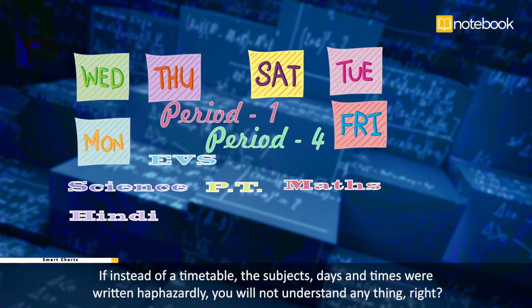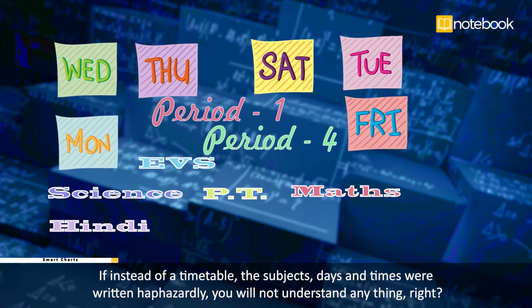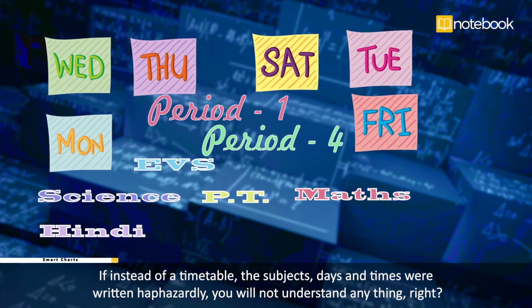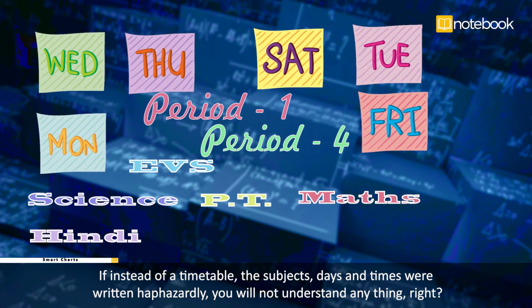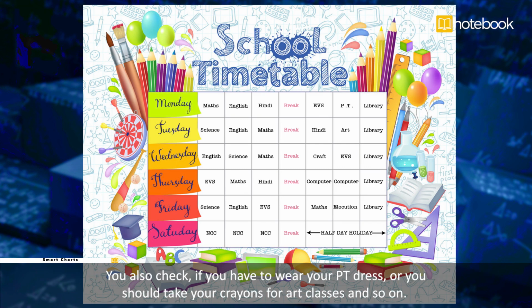If instead of a timetable, the subjects, days and times were written haphazardly, you will not understand anything, right? The timetable helps you to quickly see which books to take on which day, right? You also check if you have to wear your PT dress or you should carry your crayons for art classes and so on.